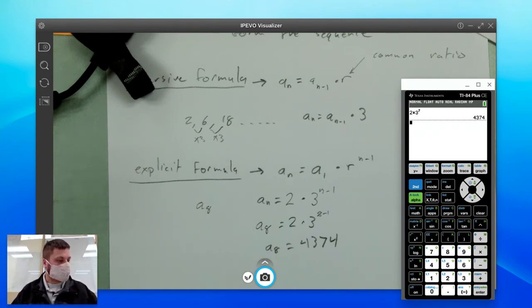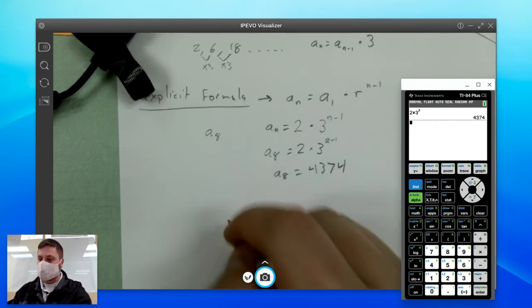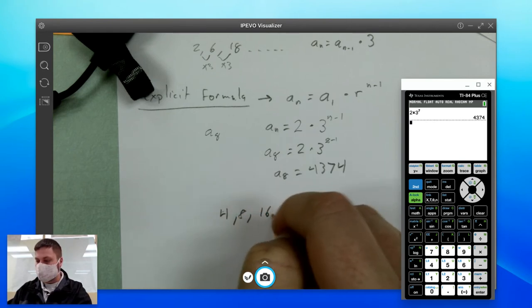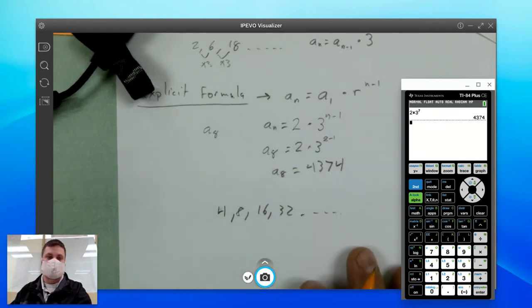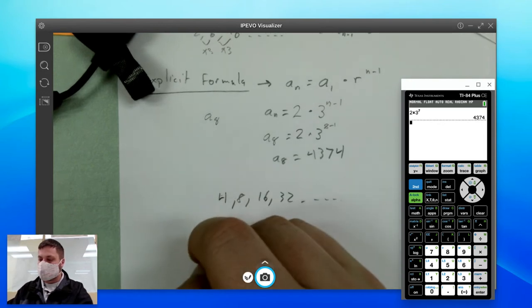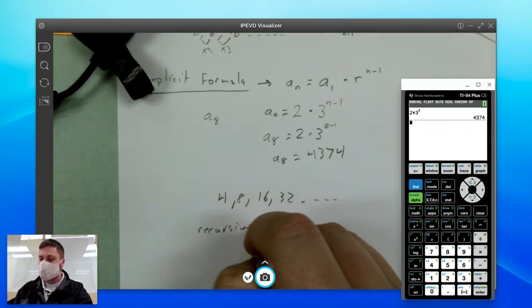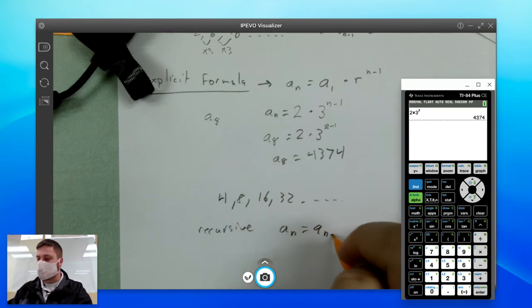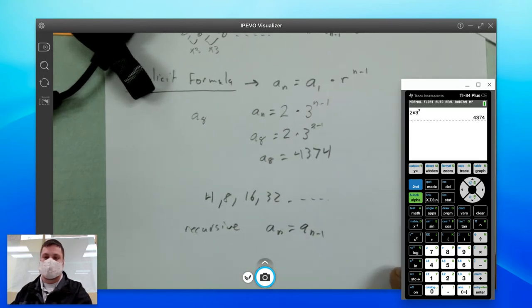Let's see. If we had, let's do one more. If we had this. Okay, the recursive would be that the nth term is equal to the term right before it, the n minus 1 term.